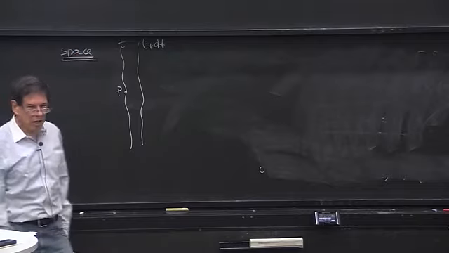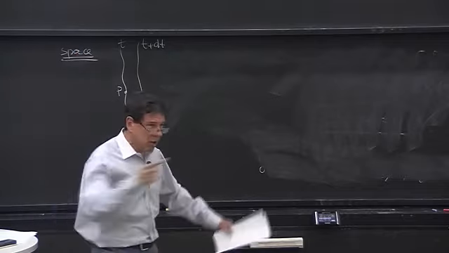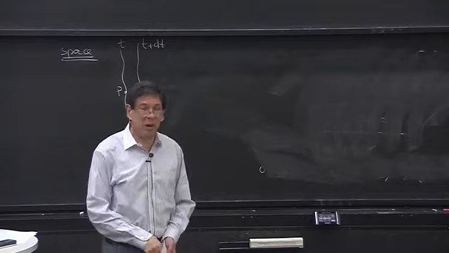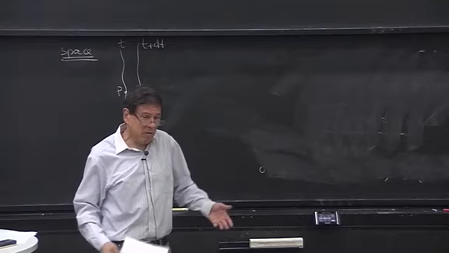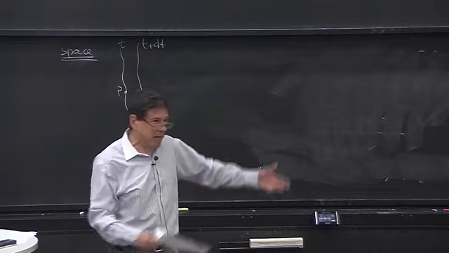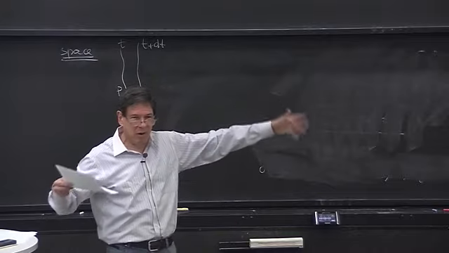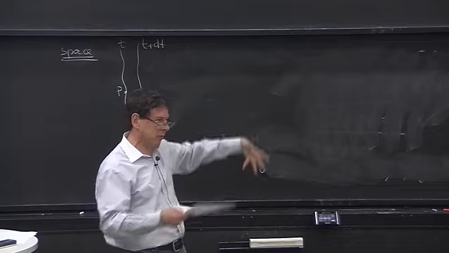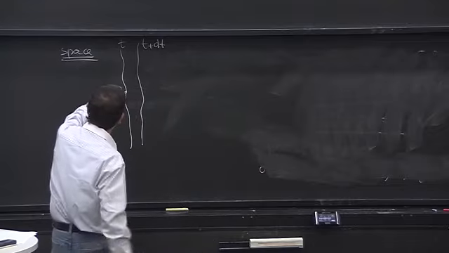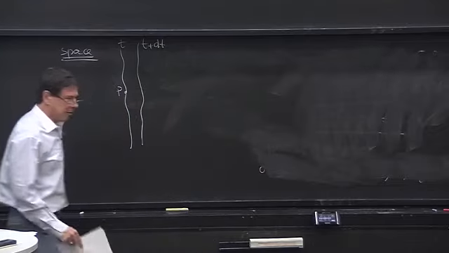This is not a world line of a string. When I show you a string, it has to be a picture of the string in space, because in space-time, the string is a more abstract, complicated object that traces a surface. So here is the string, and here's the string a little later.